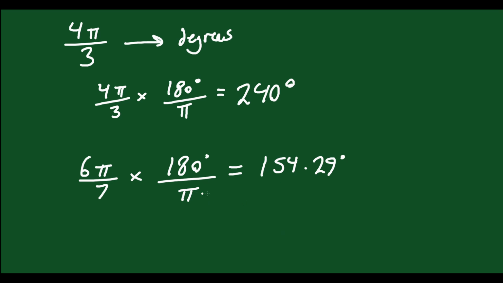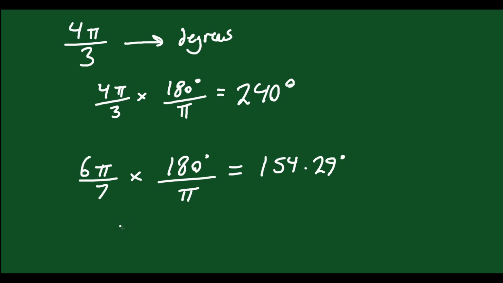Now, typically we'll have pi in our answer for radians. Like if you're given an angle in radians, it'll be like 6 pi over 7, but it doesn't have to have a pi in it, right? Because pi is just a number. Remember that pi is just 3.14, that keeps going on forever, but it's just a number. And so you could have a radian angle of 1, right?